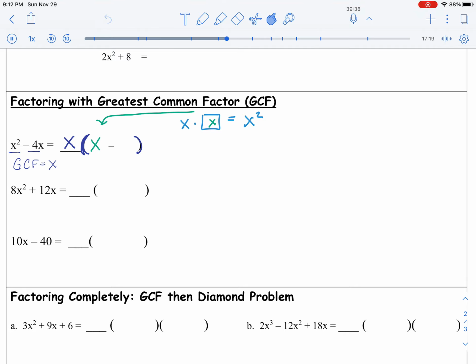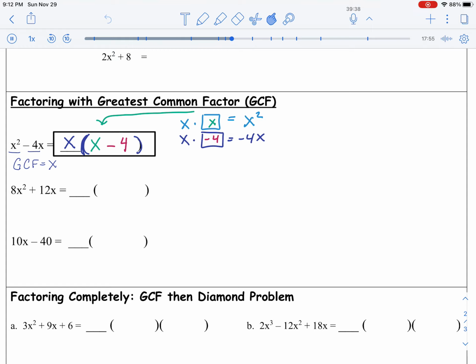But now I need to ask myself the next question, and that is my greatest common factor of x times what will equal negative 4x? Well, that's negative 4. So minus 4 goes next to x. And there we have my factored form, x times x minus 4.